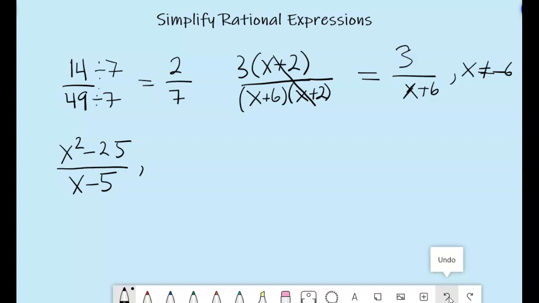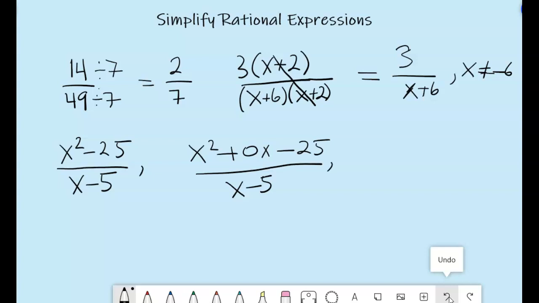Here we realize that we are missing the bx part of it. So you can put it in there if you want to go that route. So you can say x squared plus 0x minus 25, all divided by x minus 5.